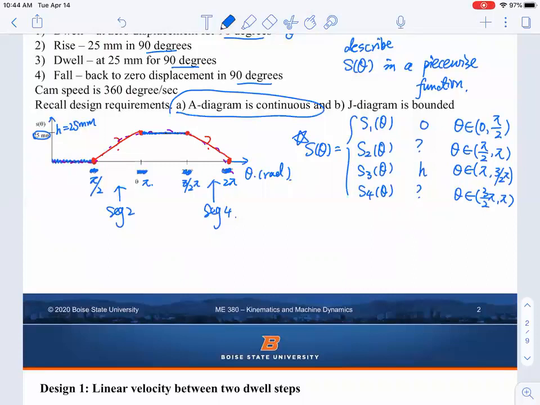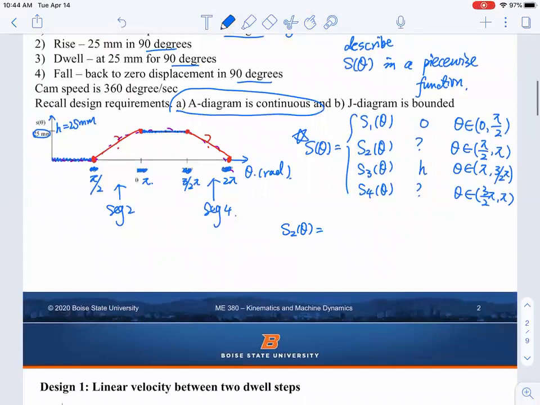If you directly connect this line, let's focus on the S2 theta. Your S2 theta should be 2h over pi, right? So that's your slope, K is 2h over pi, times theta minus half pi.